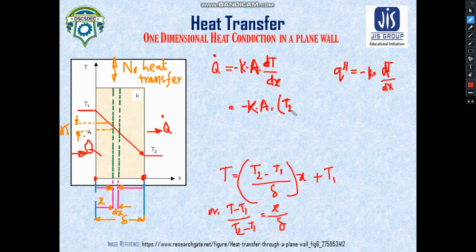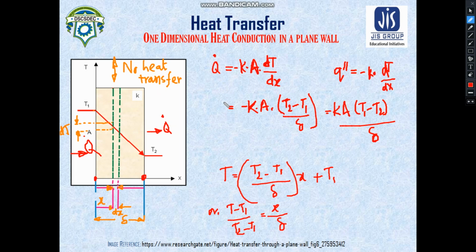So it will be T2 minus T1 by delta, or in other words, just rearranging the terms, we'll get T1 minus T2 by delta. I'm sorry, it was delta. So we have found out the temperature distribution and the heat transfer rate.